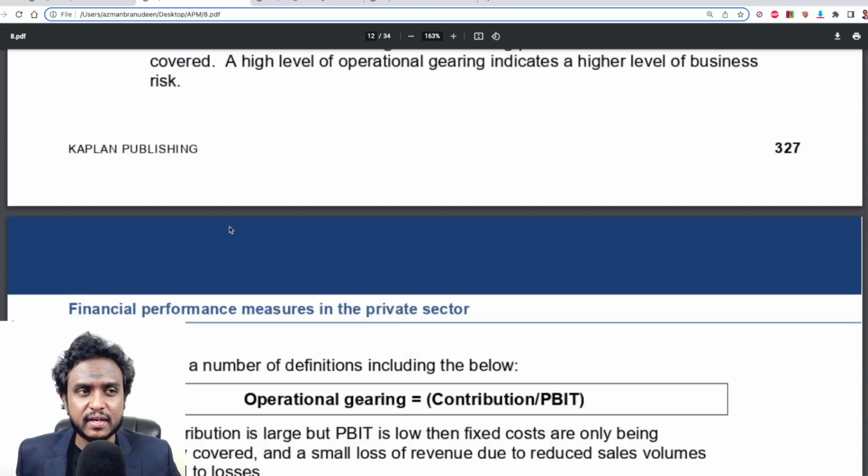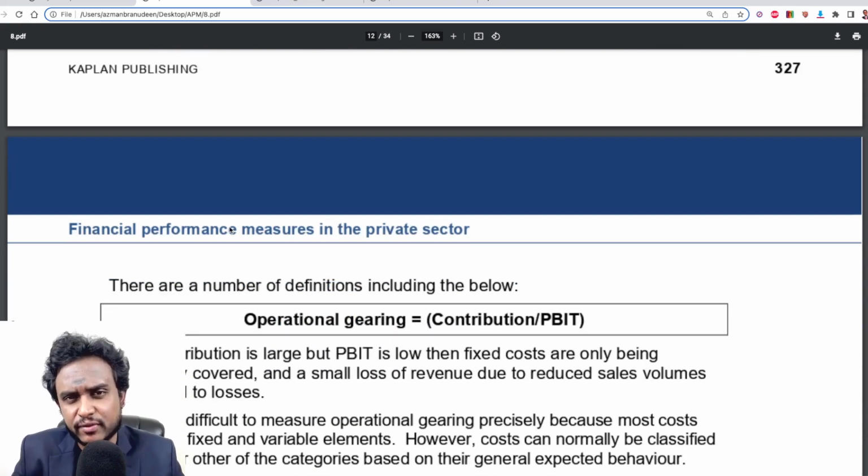That is what operational leverage actually calculates. The simplest form you can use is to divide contribution, that is revenue minus variable costs, by profit before interest and tax, to see exactly how much variability you have in your returns.